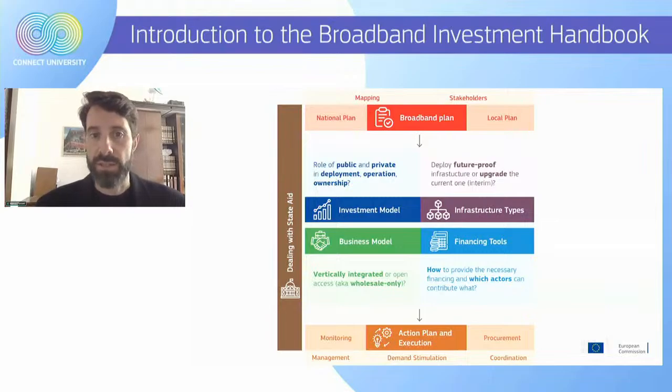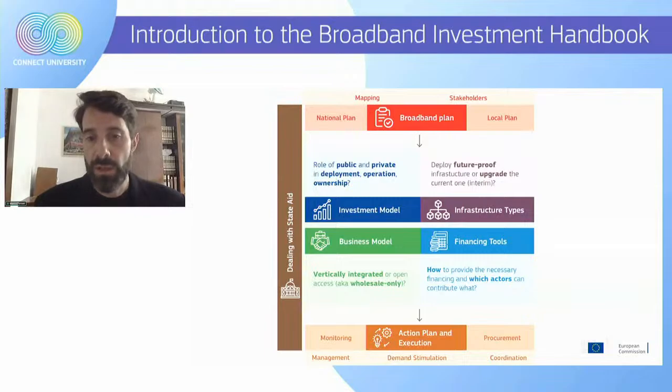And once the strategy, the plan is there, and once the important choices are made, then we need to actually deploy the network and execute the project. And there is a dedicated chapter on the action plan and execution.